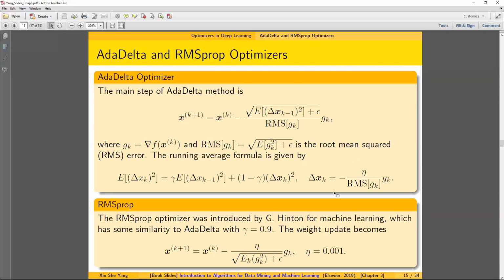And just a little bit of background, the RMSprop optimizer was introduced by G. Hinton for machine learning, which has some similarity to Adadelta with gamma equal to 0.9. The weight update becomes this relationship.